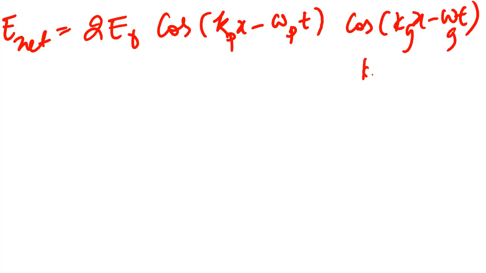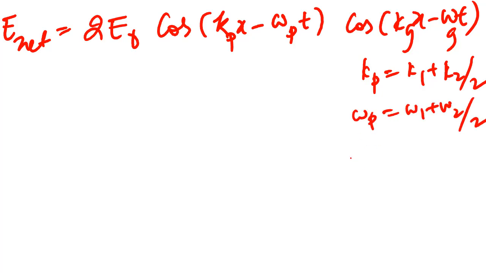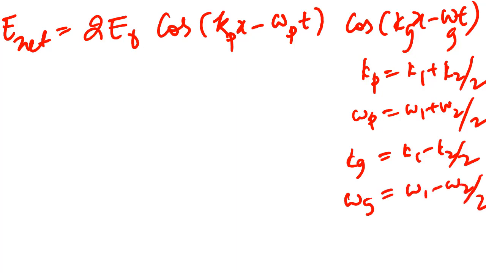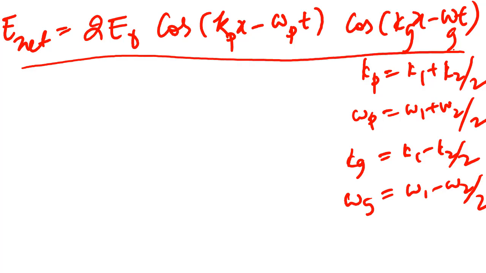And recall that kp is (k1 plus k2)/2, and omega p is (omega 1 plus omega 2)/2, and kg is the negative part, and omega g is similarly (omega 1 minus omega 2)/2. So this is essentially a superposition of two different waves.